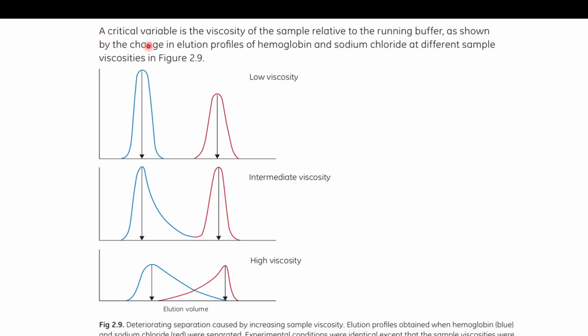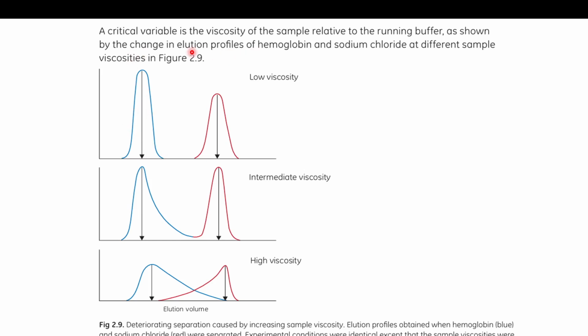See, a critical variable is the viscosity of the sample relative to the running buffer, as shown by the changing elution profiles of, this is an example they have shown, hemoglobin and sodium chloride at different sample viscosities. Now, without even looking at the description, we can say that the one that is eluting out later should be the low molecular weight molecule, and this will be the higher molecular weight molecule.